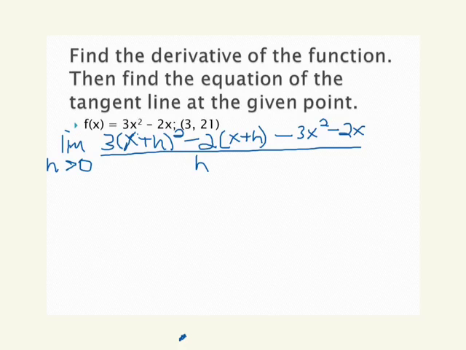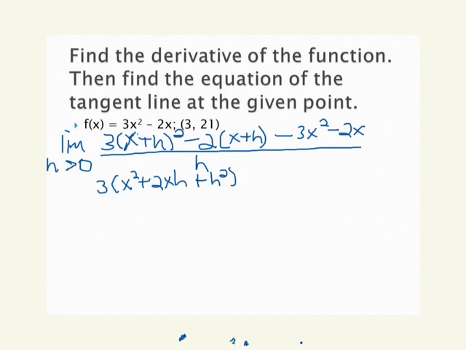So I'm going to start out by working with the x plus h squared. So we know that would give us 3 times the quantity x squared plus 2xh plus h squared.